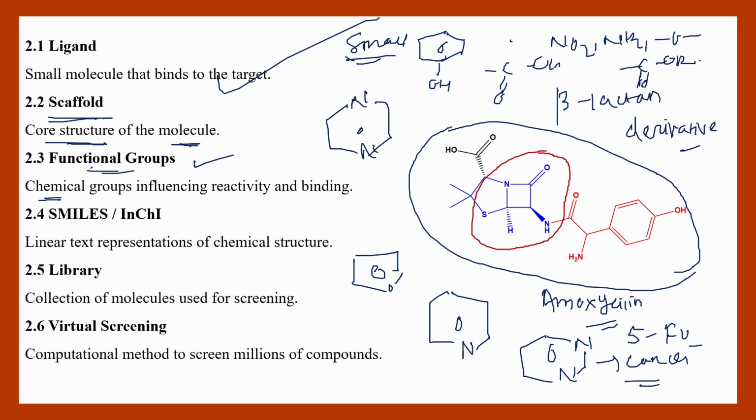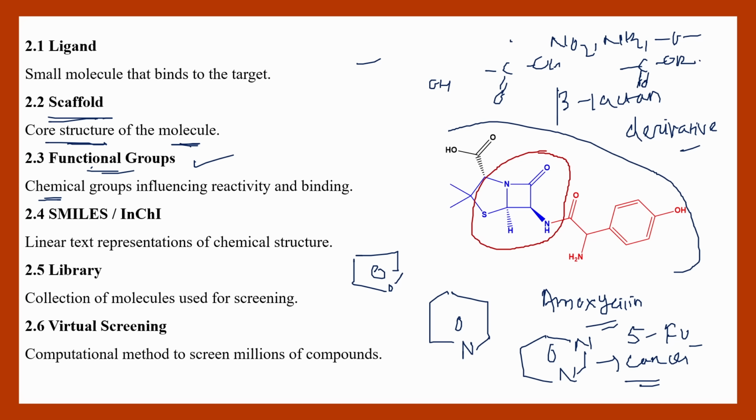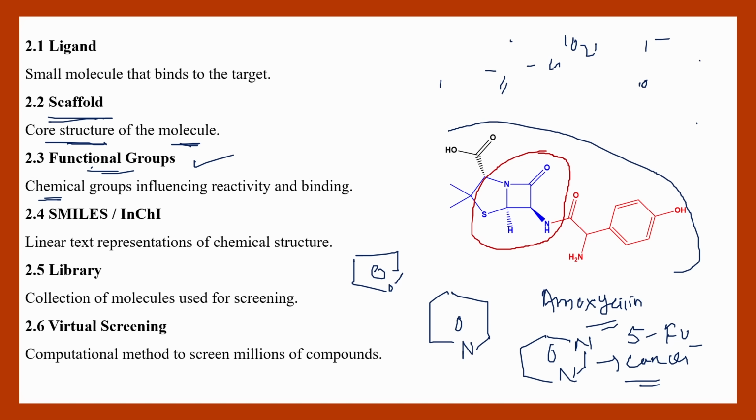Let me clear this slide first. Okay, now it's clear. Let me give you an example. Let's draw one structure. Pyrimidine moiety. We have the pyrimidine ring containing the OH group here.